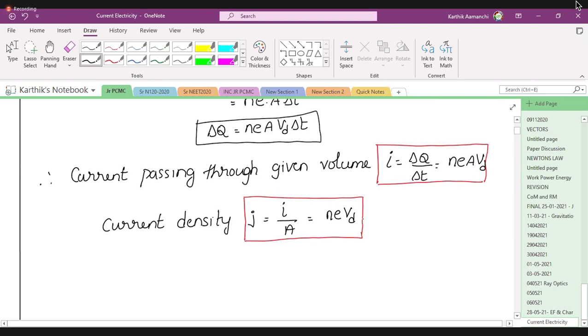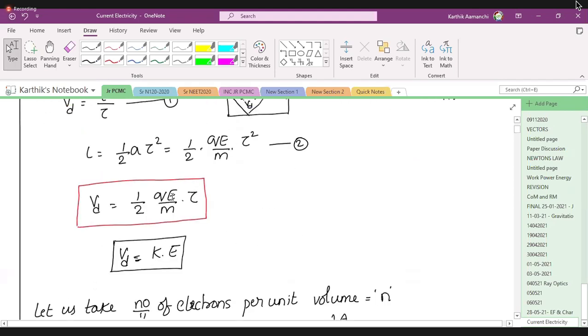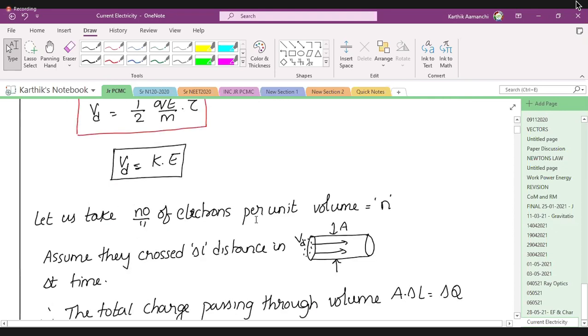Clear? Now I'll not stop here. I know my drift velocity is QE by 2m into tau, right?